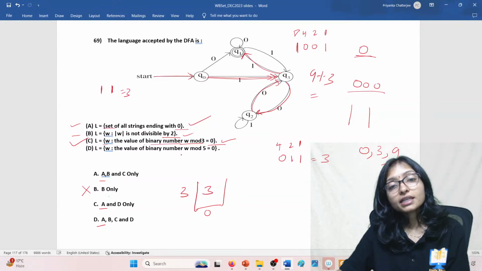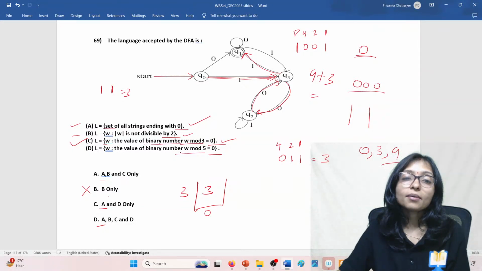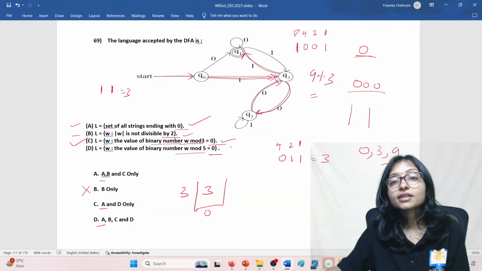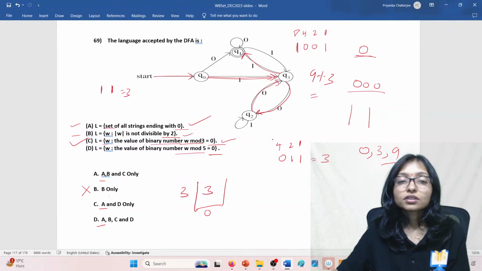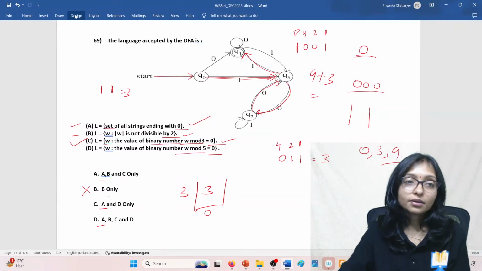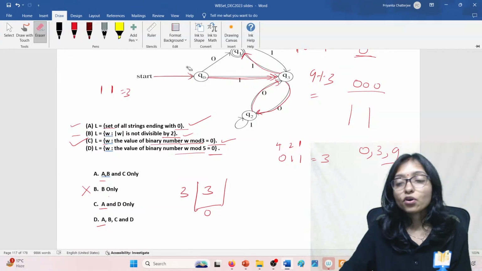Now D is telling about divisibility by 5. Is this accepted or not? The value of the binary W mod 5, is it accepted or not? So I have to check about 5. Whether 5 is accepted or not, that I also have to check. So let me check it. Can I get 5 or not?